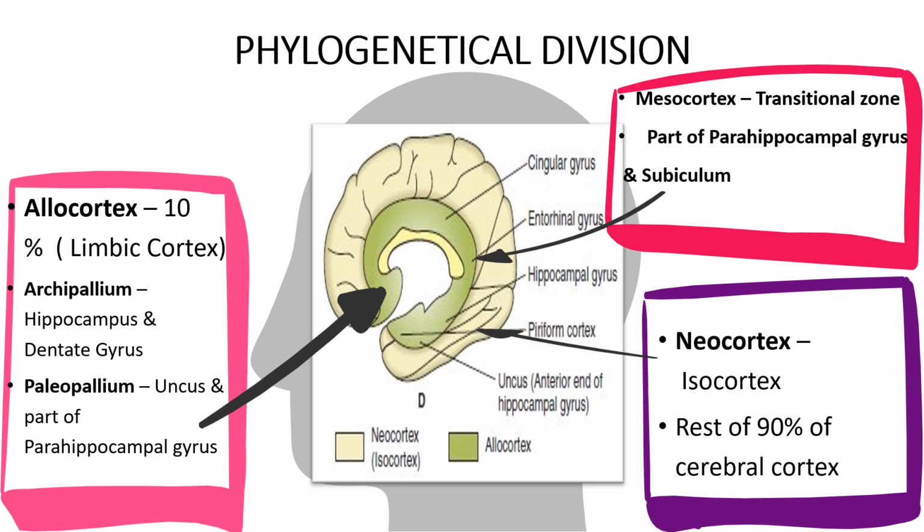The actual extent of the neocortex has increased with the evolution of the mammals. So the comparative ratio of the allocortex and the neocortex differs in the rest of the animals. In human beings, it is 10% allocortex and 90% neocortex.